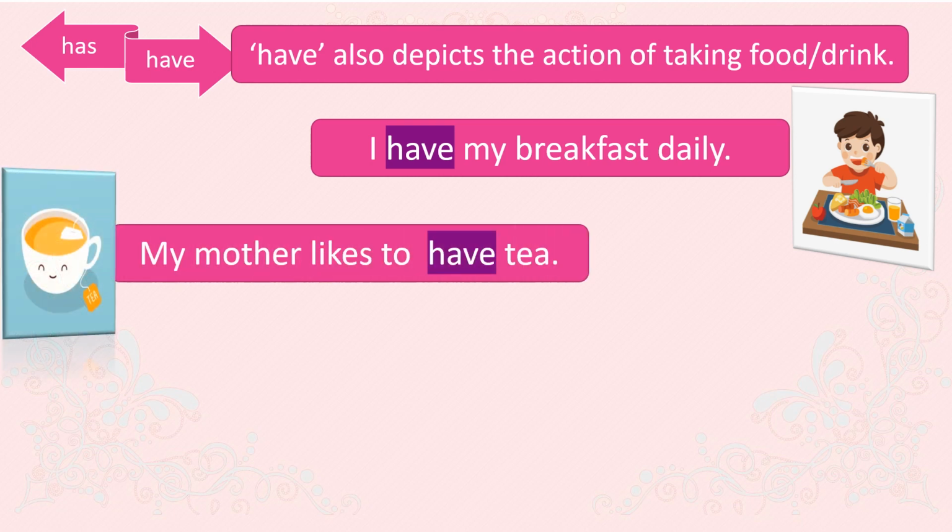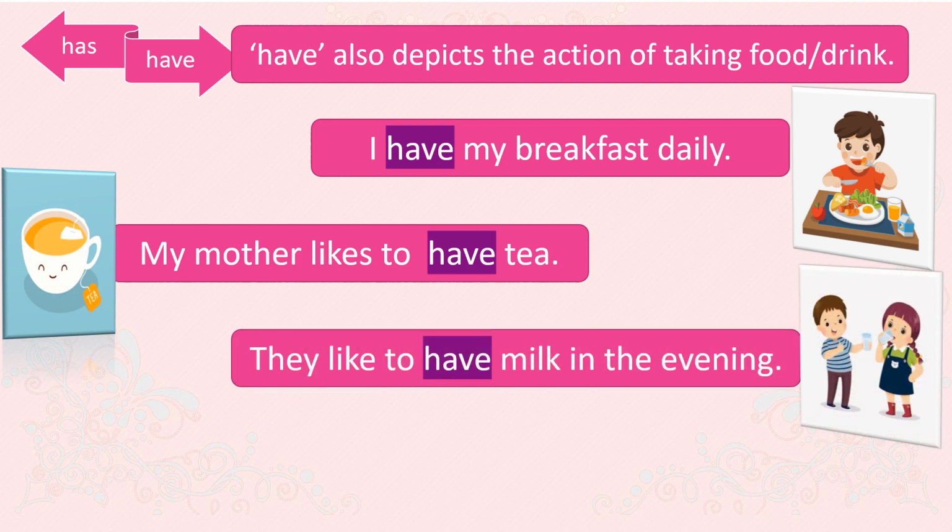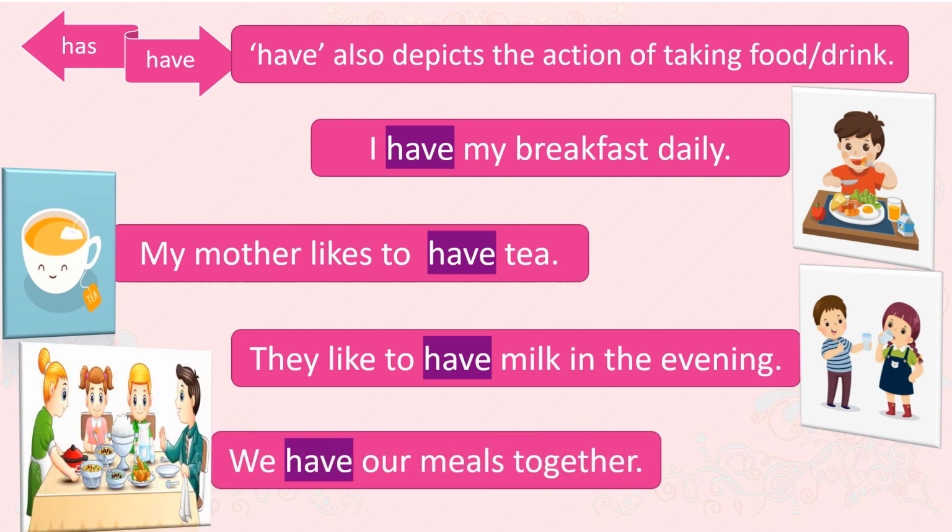Similarly, my mother likes to have tea. Here, instead of drink, we have used the word have. They like to have milk in the evening. Here, have also means drink. And the last one, we have our meals together. That means we eat together. But instead of using the word eat, we have used the word have.